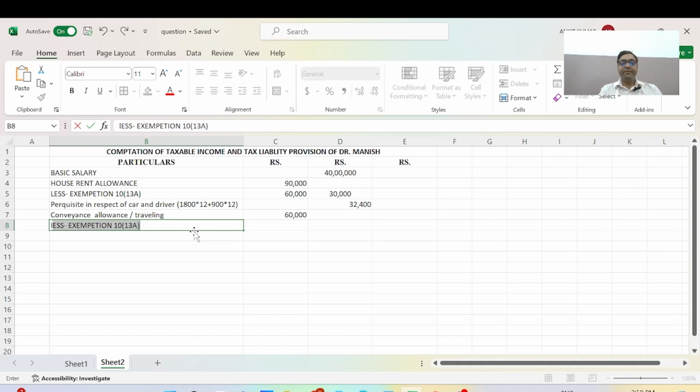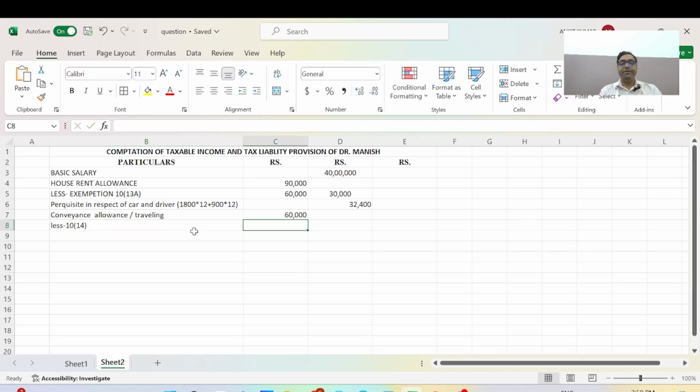Exemption under section 10 clause 14, this 59,000 rupees will be exempted, and the taxable amount here is 1,000 rupees.